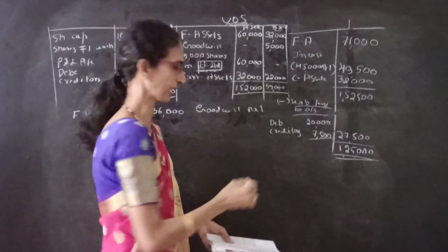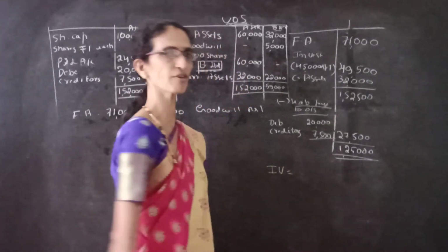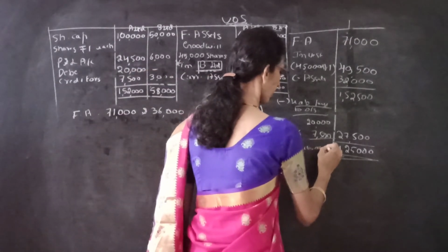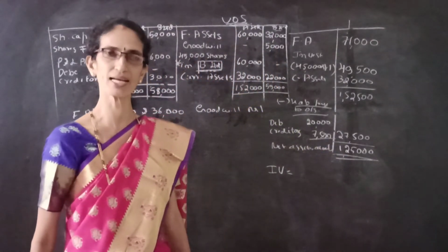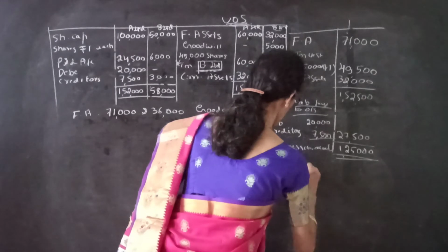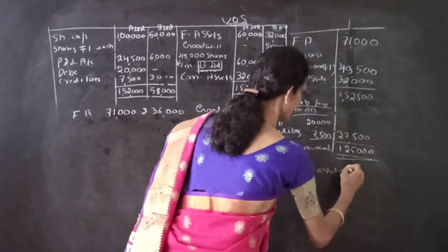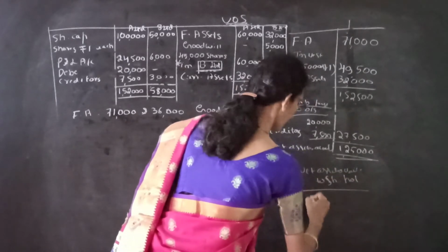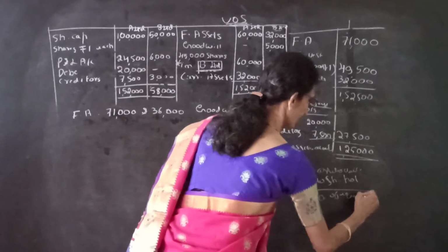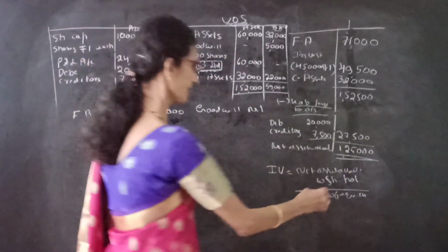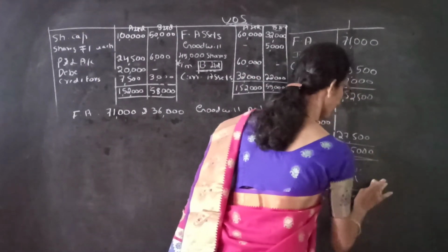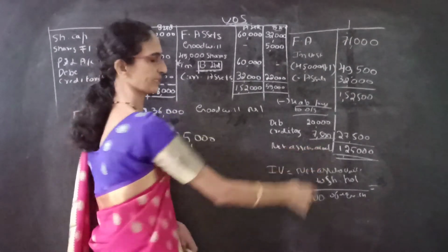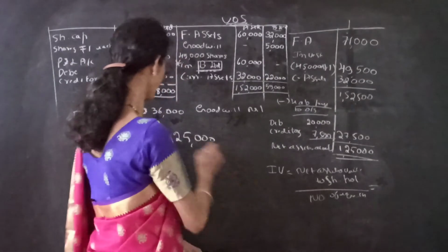Now we can calculate the intrinsic value of shares of A Limited. This is the net assets available to shareholders, also called profit available to shareholders. So the intrinsic value of a share is net assets available to shareholders divided by number of equity shares. Net assets available to shareholders is 1,25,000.